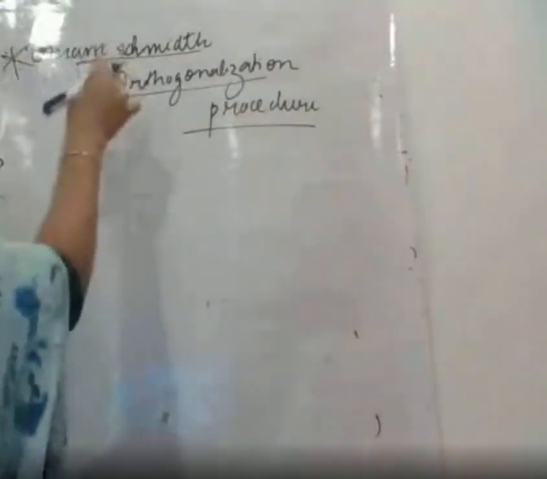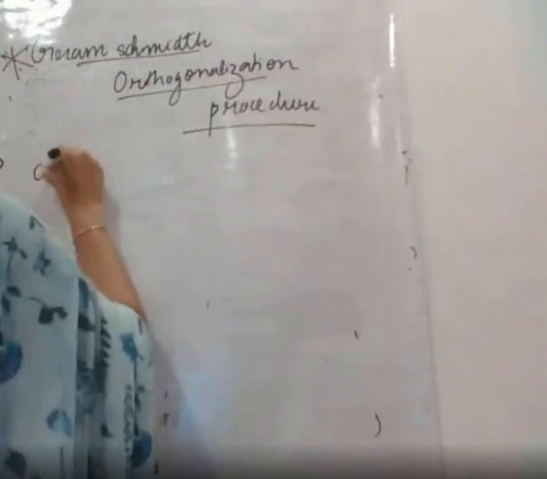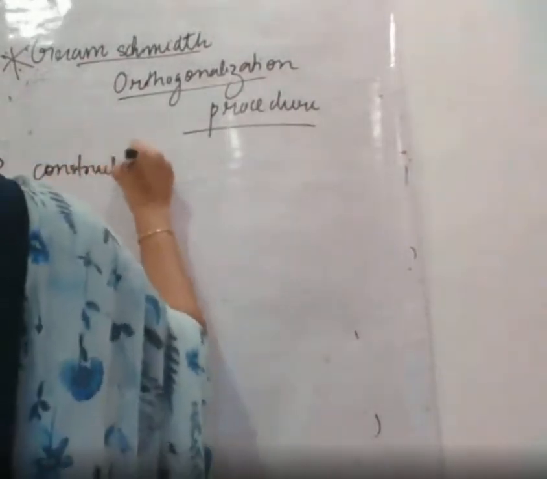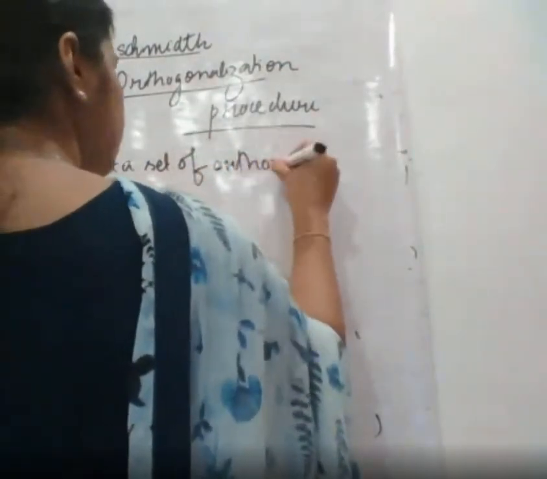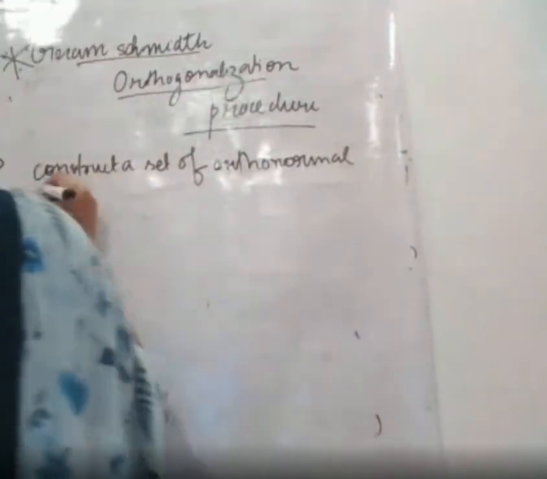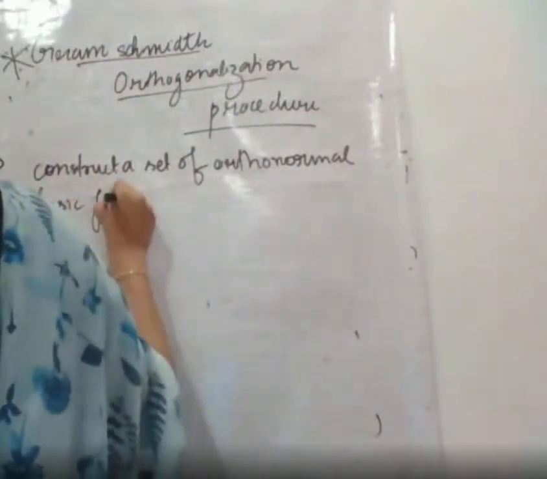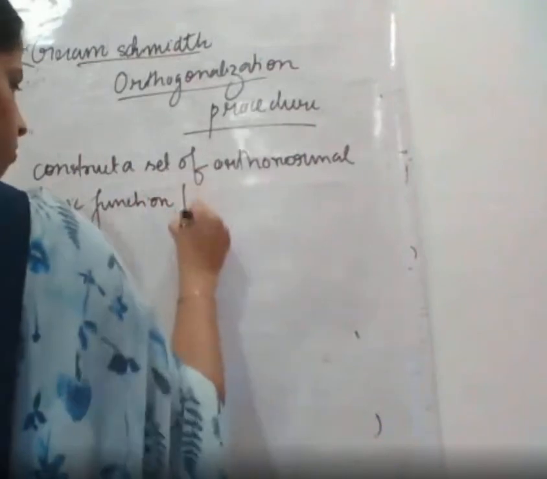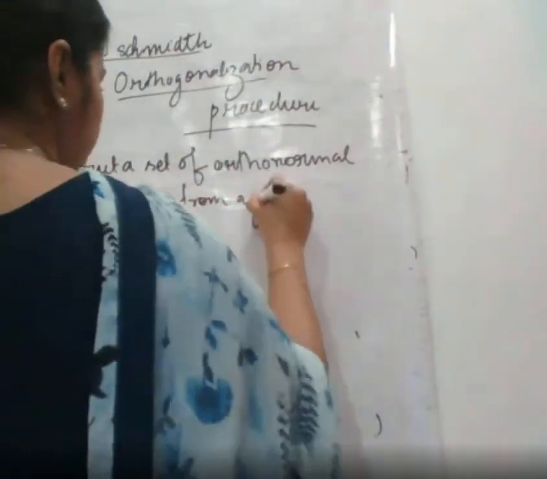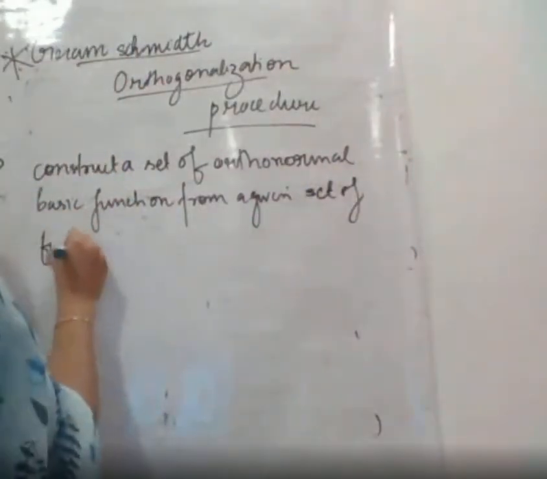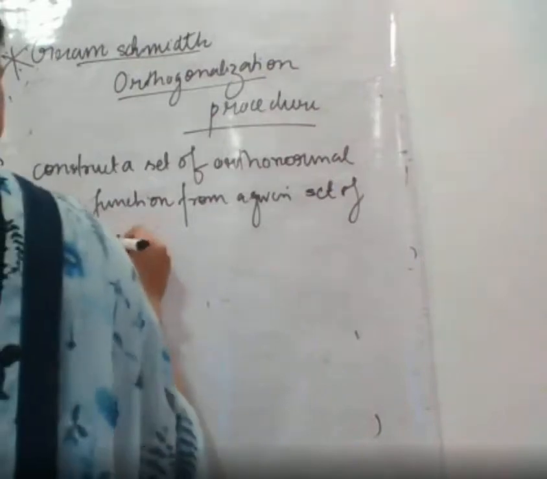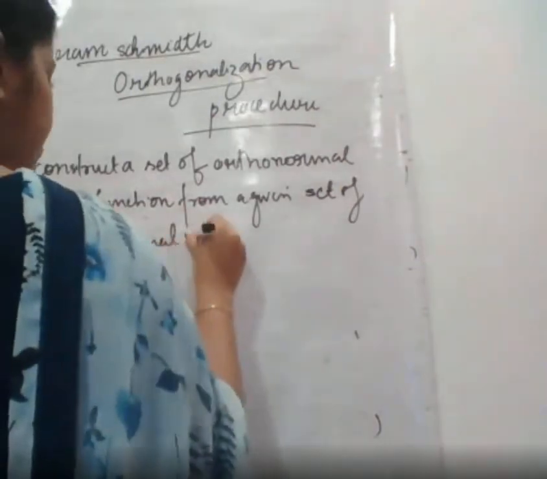This Gram-Schmidt orthogonalization procedure is used to construct a set of orthonormal basis function from a given set of finite signal waveform.